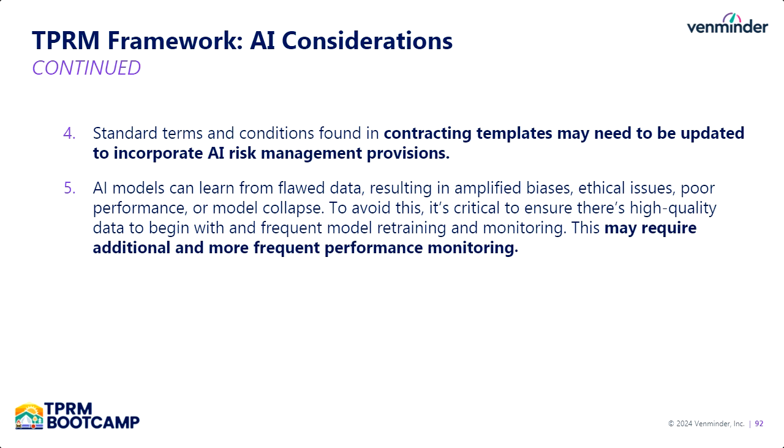But the last one here is that because all these models can learn from bad data, we need to think about how this is going to impact our performance monitoring and risk reviewing. Maybe it's more in-depth, it's more frequent, but it will impact how often and how deep we look at how those products and services are performing.